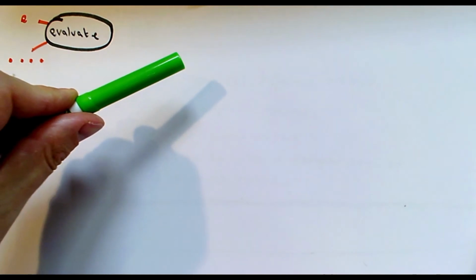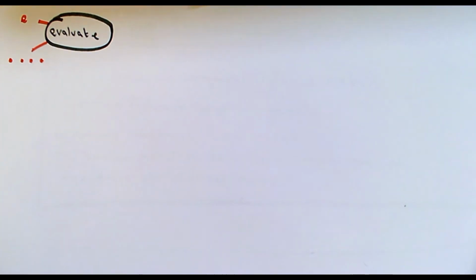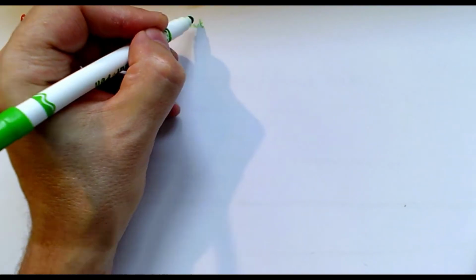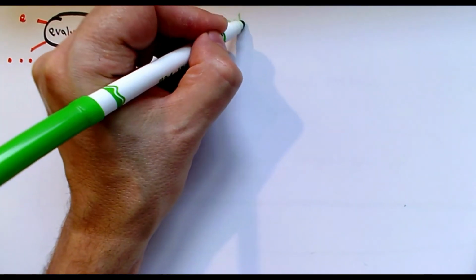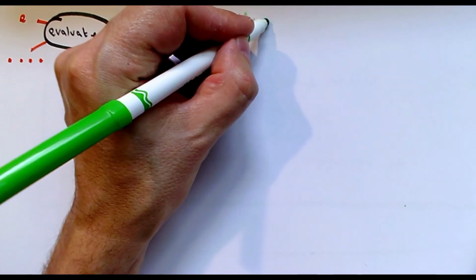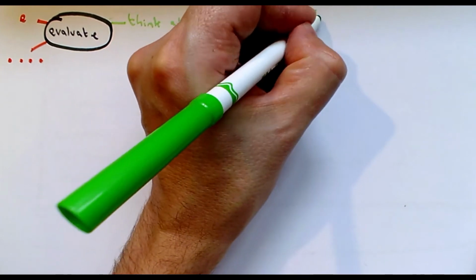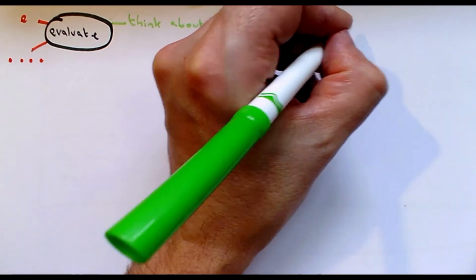So, green for what we mean, thinking about the meaning of the word. So evaluate, it's when we think about something, we consider it. So we're thinking about it carefully and we're deciding, we're judging. Is it good?